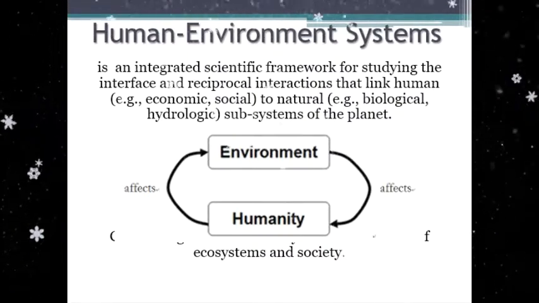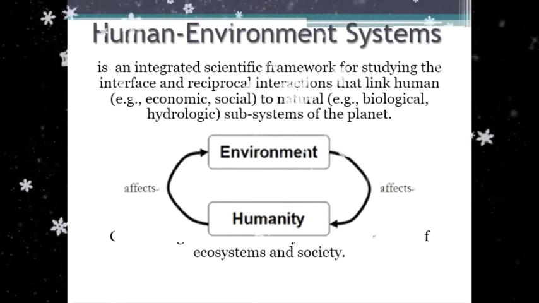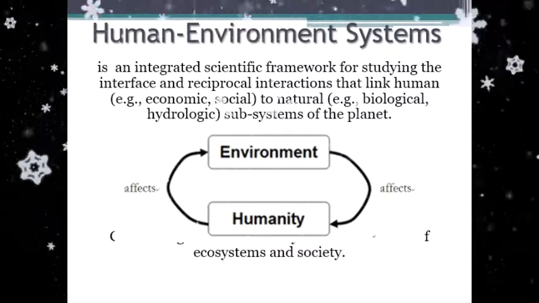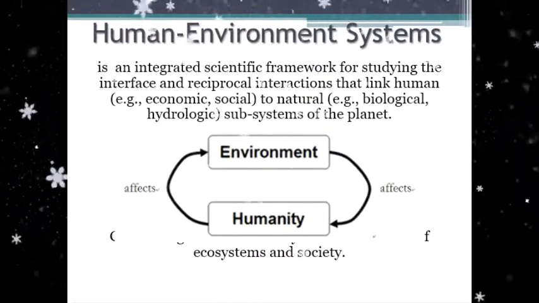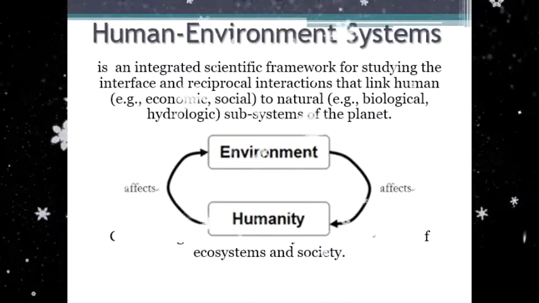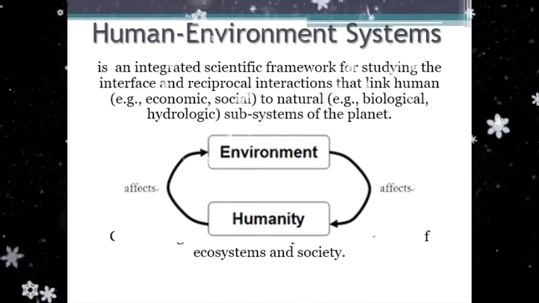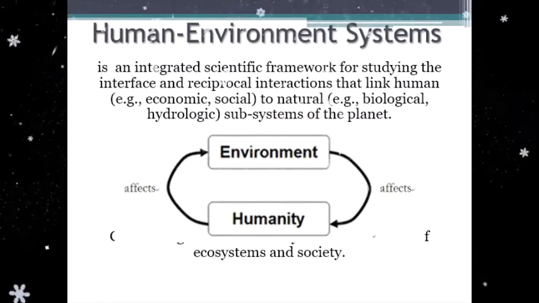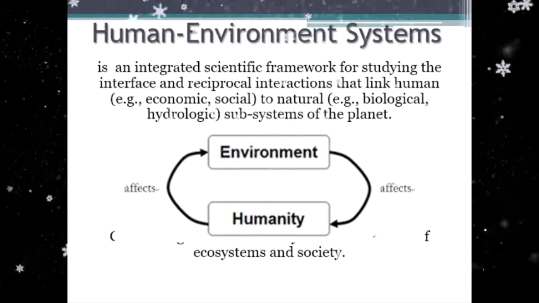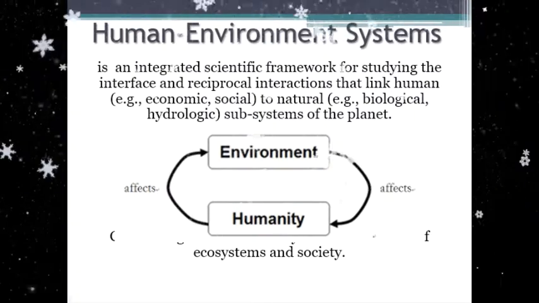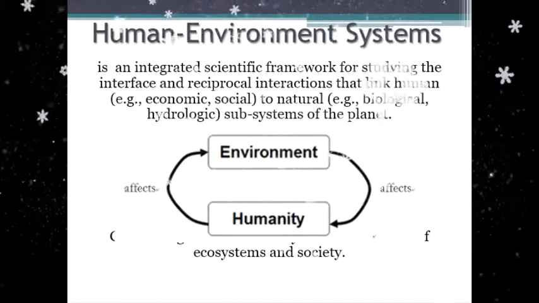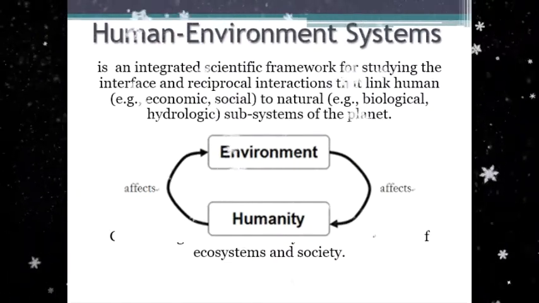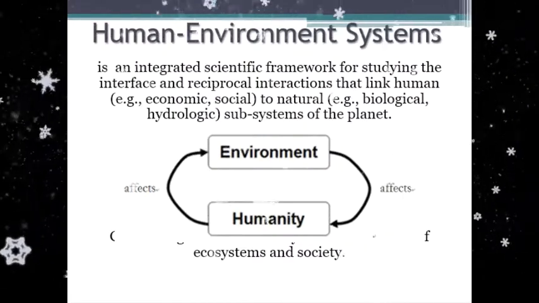So, if humans are not protecting our environment, then it will also affect us. So it's a boomerang effect. What you do to the environment will also affect you if you are not protecting the environment, or if you don't care or are not concerned with the environment, then it will also affect us human beings.